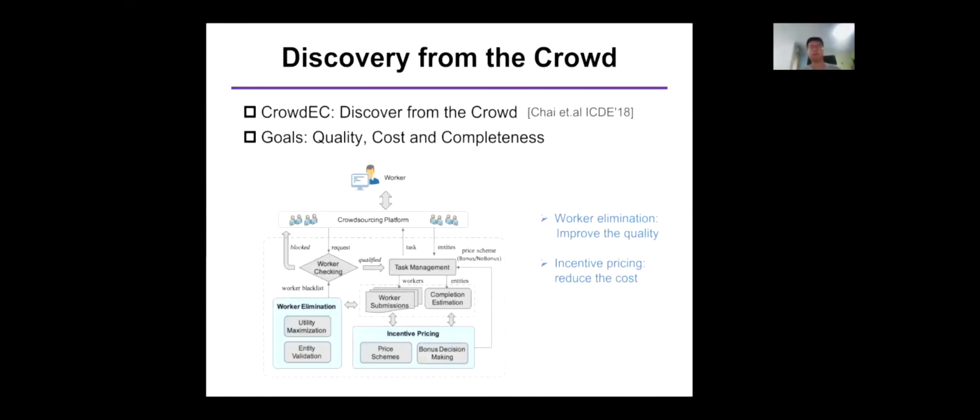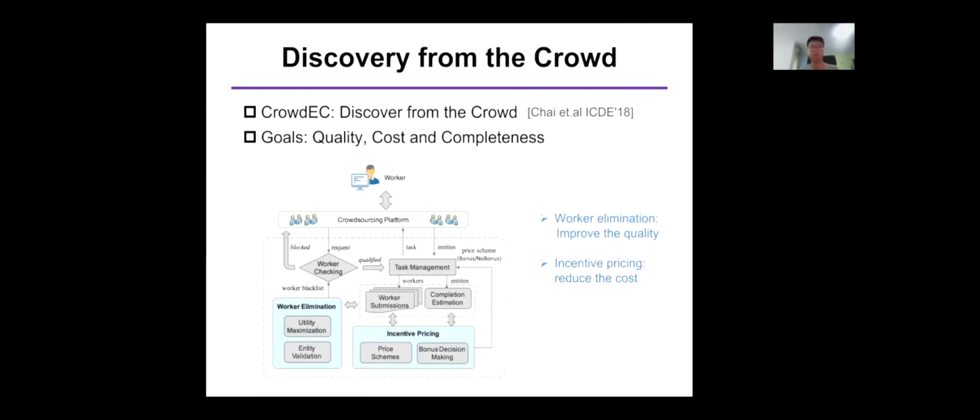So the crowd EC also aims to discover from the crowd, but the difference is that it has a more fine-grained optimization goal, including the quality, cost, and completeness. The quality means that we should discover items belonging to the domain. For example, if we want to collect the NBA players, and if one provides a soccer player, it is wrong.